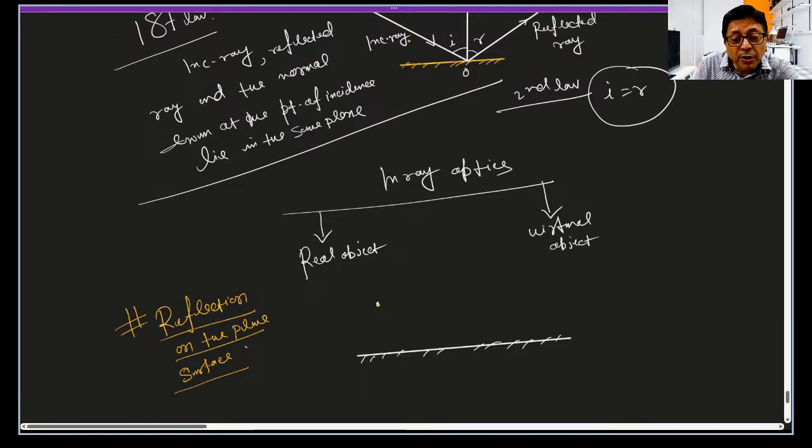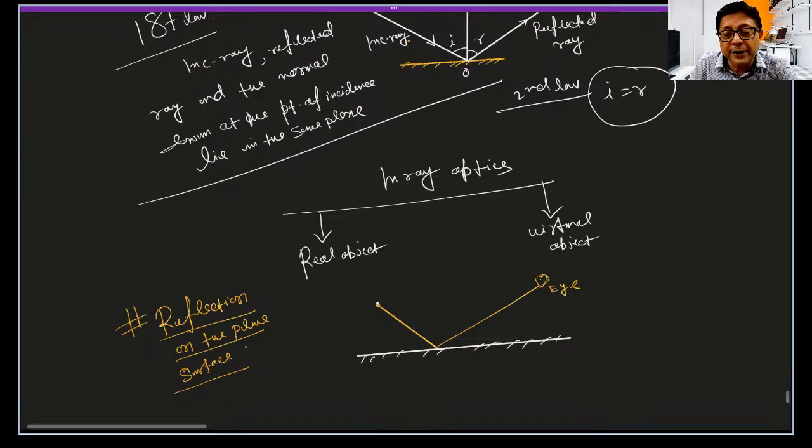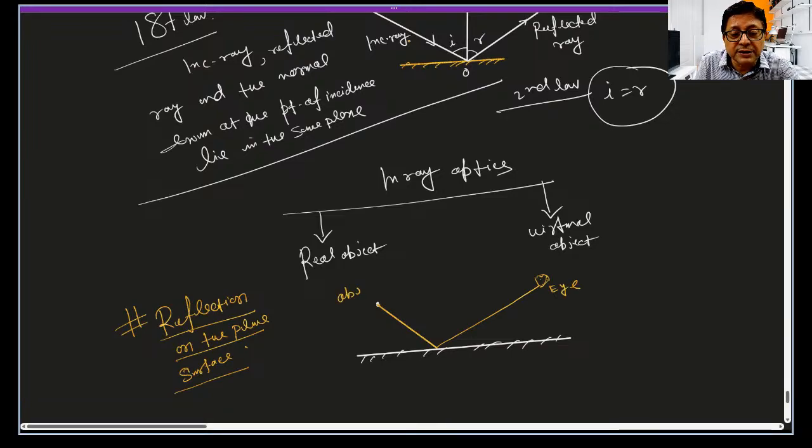Okay? So if there is an object and my eye is situated here, then the eye will be able to see the object if light from the object gets reflected and reaches my eye. My eye is there. This is object.